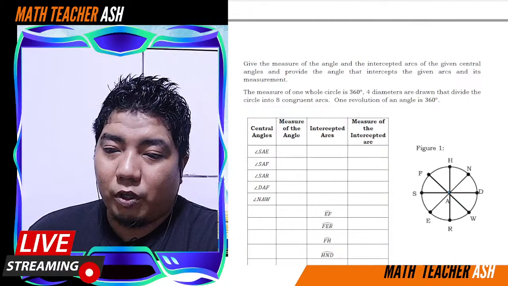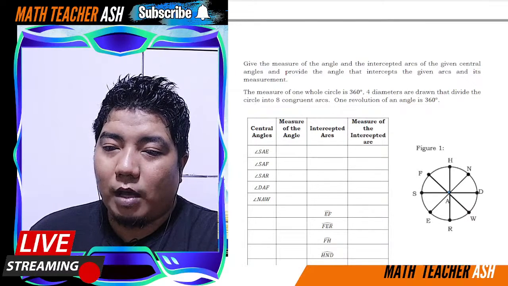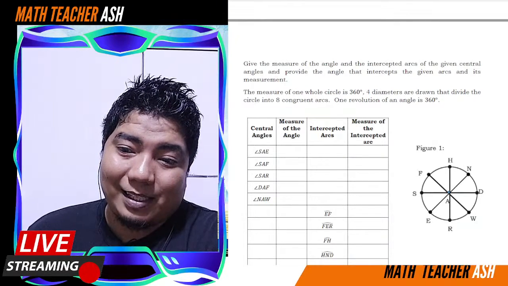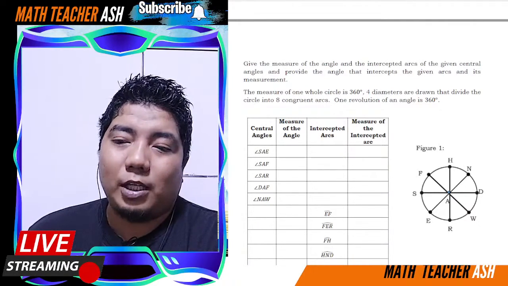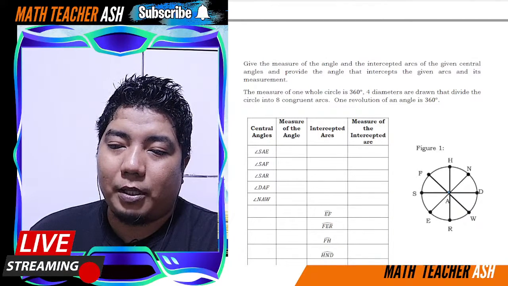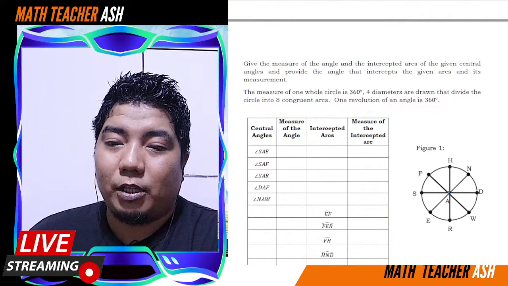So, ito yung first diameter, isa, dalawa, tatlo, apat. Okay. So, this is a chord in which it passes the center of the circle. So that is what we call diameter. So diameter, diameter, diameter, at diameter. Alright. So it has 4 diameters drawn.